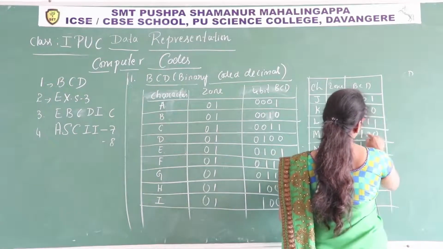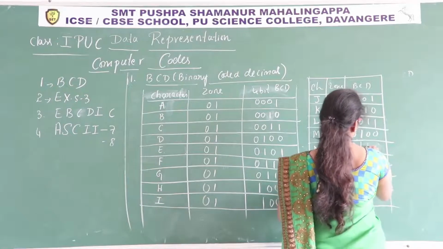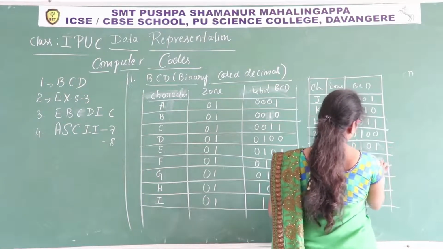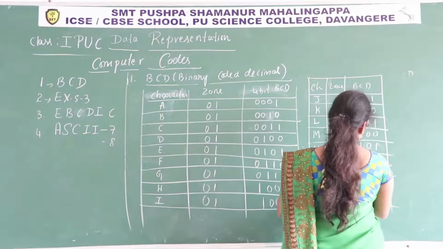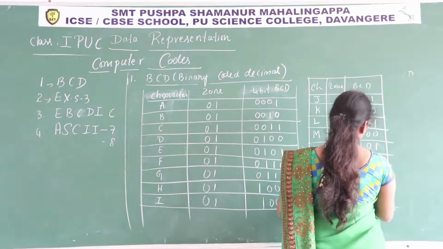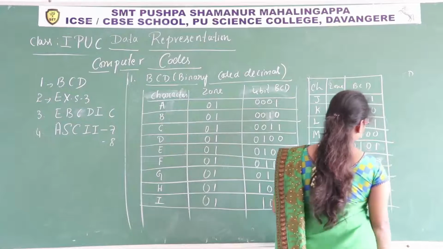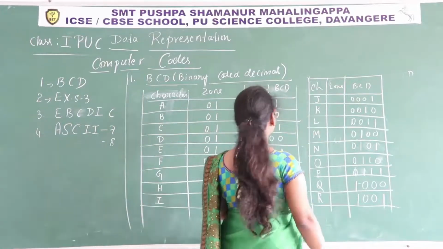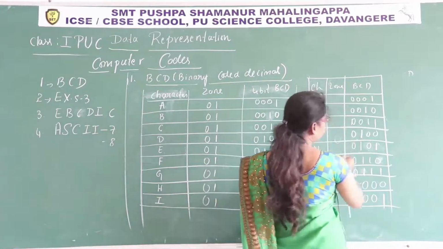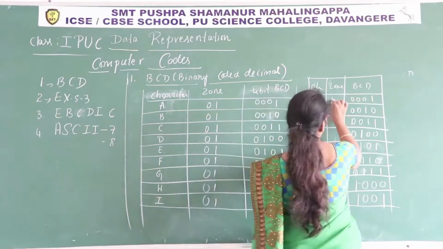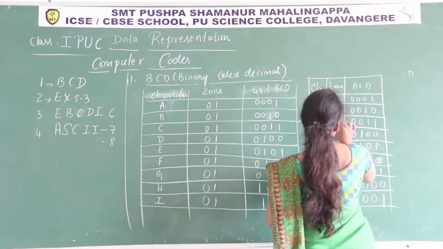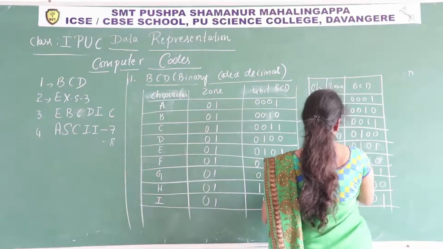I missed 5 here. So 5, 6, 7, 8, 9. And the zone bit becomes 2. How to write 2 in 2 bits? 10. So the zone bits are 10 for all of them.